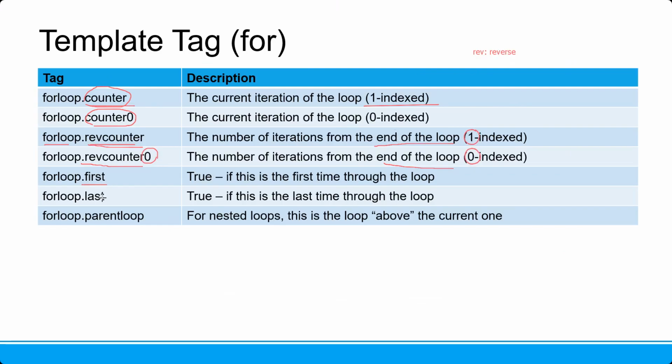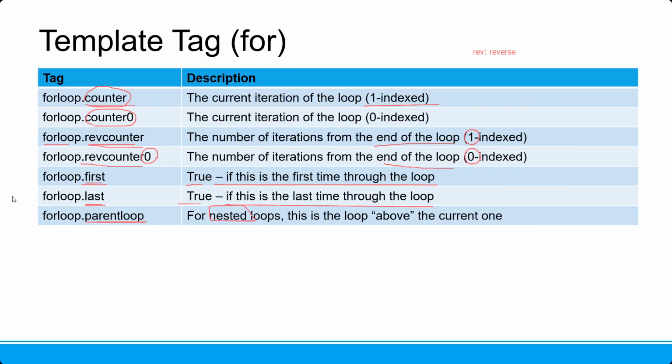We have first, we have last, and we have parentloop. First means true if this is the first time through the loop. Last is true if this is the last time through the loop. And then parentloop means we are doing a nested loop.